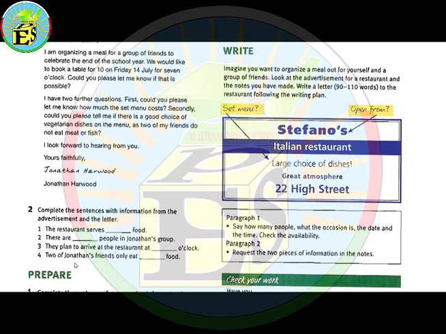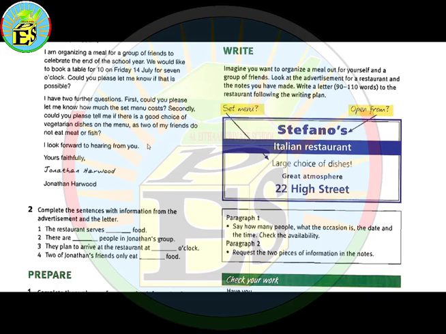Number 3, they plan to arrive at the restaurant at blank o'clock, so we are looking for the time. It's right here. Line number 3, the end of line number 3, the beginning of line number 4, 7 o'clock. And the last example, 2 of Jonathan's friends only eat blank food.